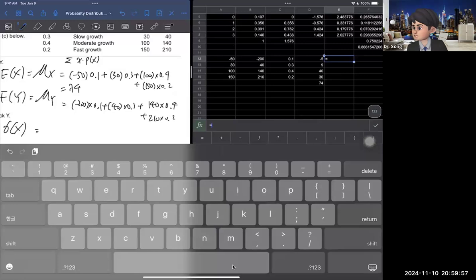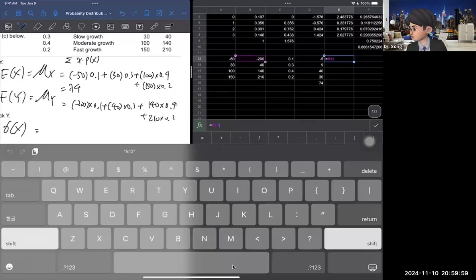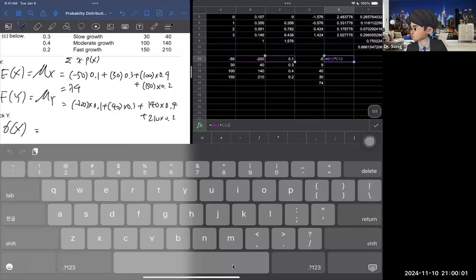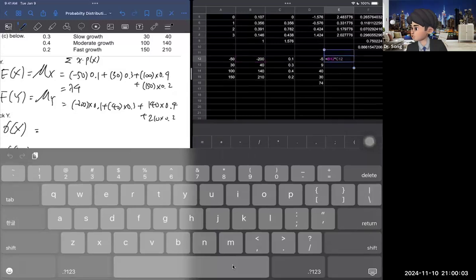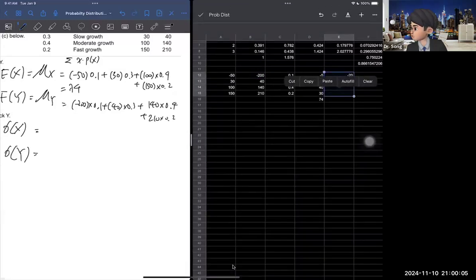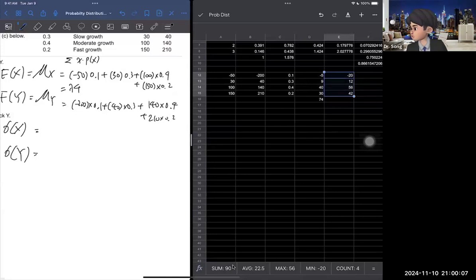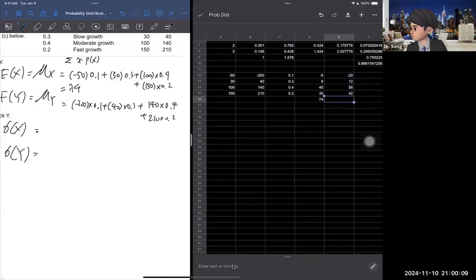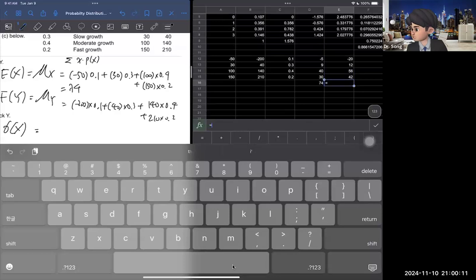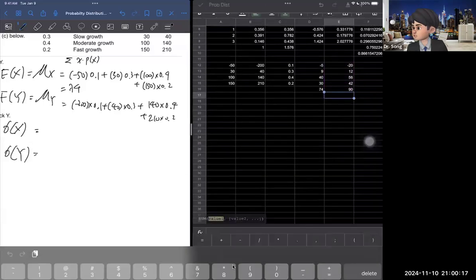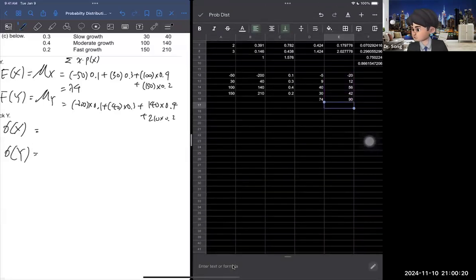But to avoid a mistake, why not? You want to write down the equation like that. Probability times the outcome, and you do exactly the same step as X, and then you calculate the summation of these multiplications. Then it turns out the expected stock return of Y is 90.